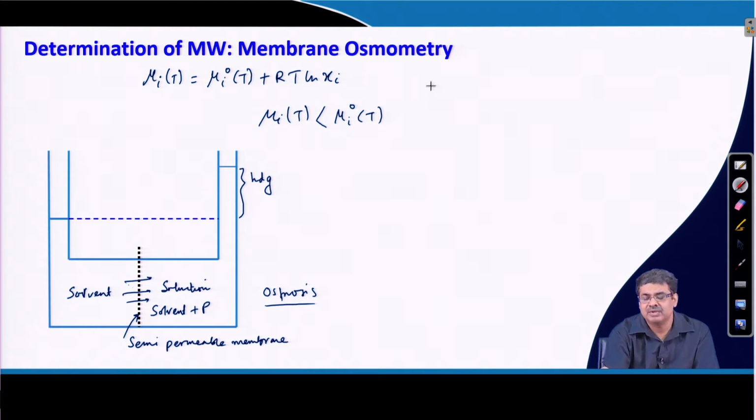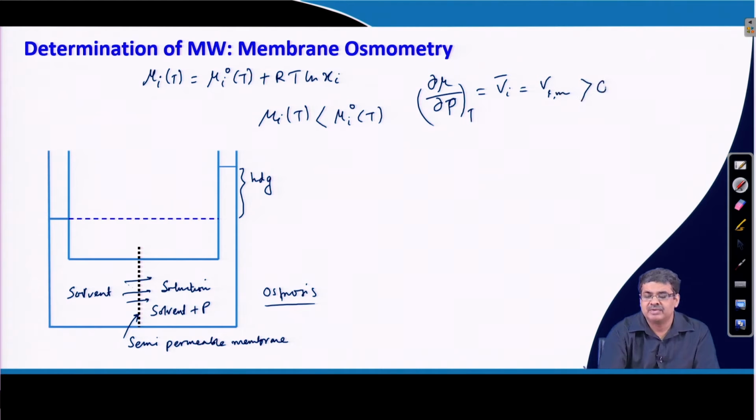We also know that the derivative of chemical potential with respect to pressure at constant temperature is given by the partial molar volume, or in this case, because we are talking about a dilute solution, the molar volume of the solvent.